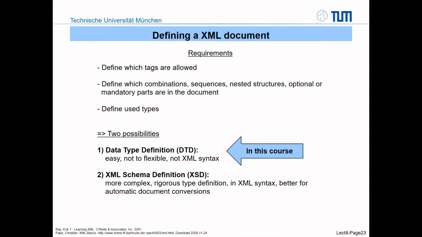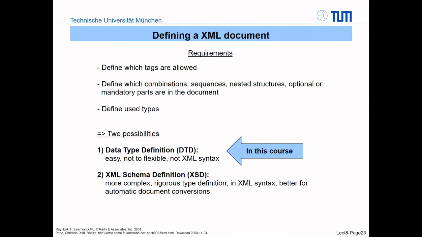The same here for an XML document. We have to define the tags which are allowed. We also have to define which combinations, sequences, nested structures, optional or mandatory parts are in the document. So this is in principle the rule set, and we also have to define additional information like the data types.